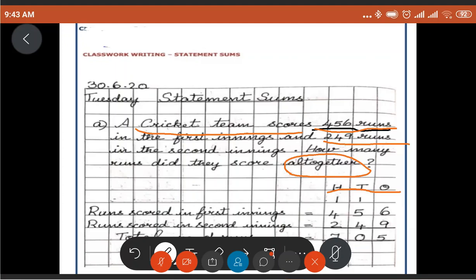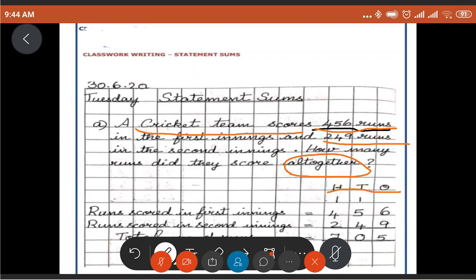Now, see how we can write. Runs scored in the first innings. Here they told first innings and second innings. Cricket team scores in the first innings and in the second innings. So we are going to mention first innings and second innings.